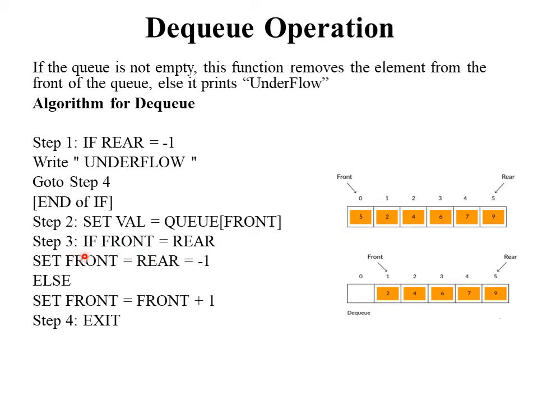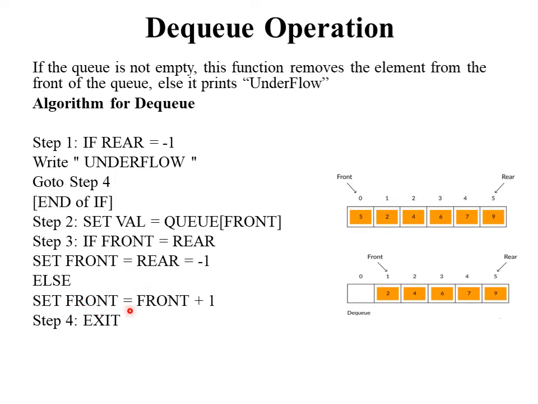So in step 3, if front is equal to rear, front is equal to rear means queue contains only one element. So if front is equal to rear, then we delete this one element, we directly set front is equal to -1 and rear is equal to -1.